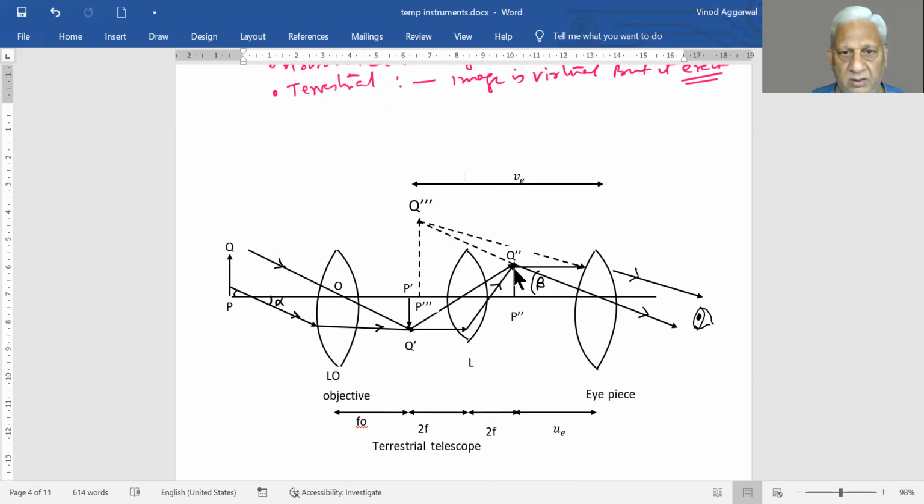Then this distance is u for this particular lens. So this is ue. And since the image is formed here, this distance from here to here is nothing but v of eyepiece.